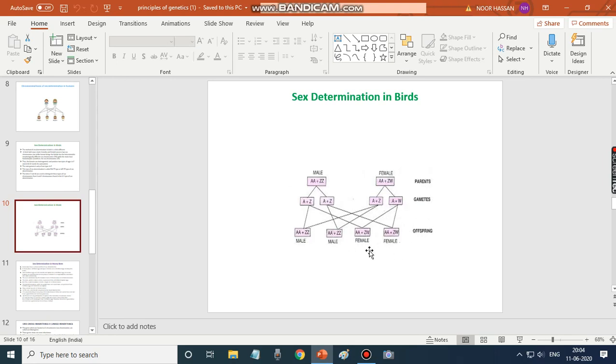So now the combination, that is offspring, shows AZZ, then AZZ. And next one is A plus ZW. Likewise, AZW. So these are females and these are males.